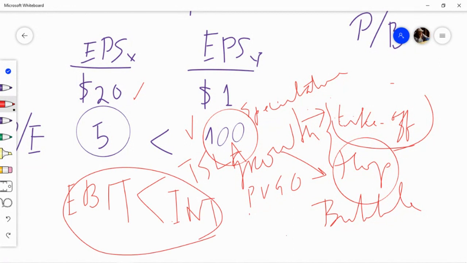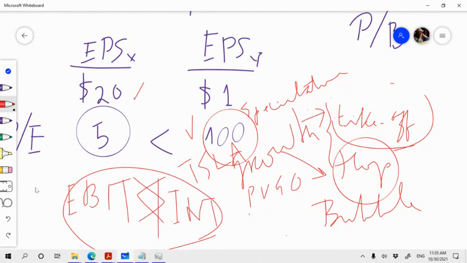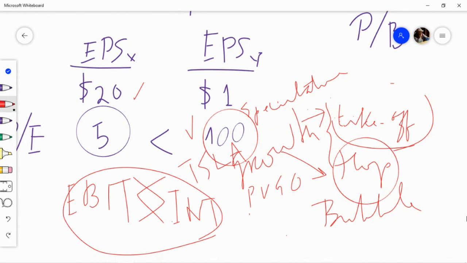Even if they had positive earnings after taxes, the net profit was not that big. And they reinvested all of that into expanding their production capacity.